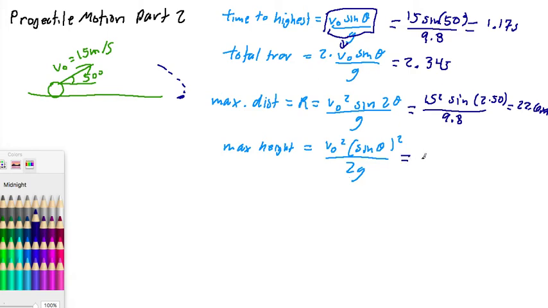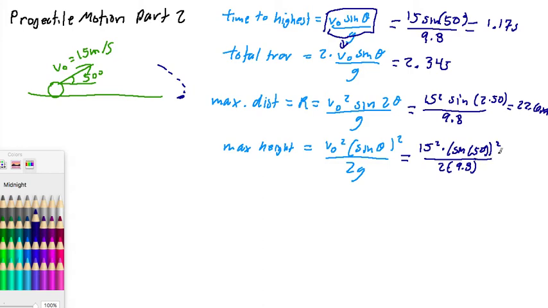Now the maximum height, we're going to plug that in: 15 squared times sine of 50 degrees squared over 2 times 9.8.